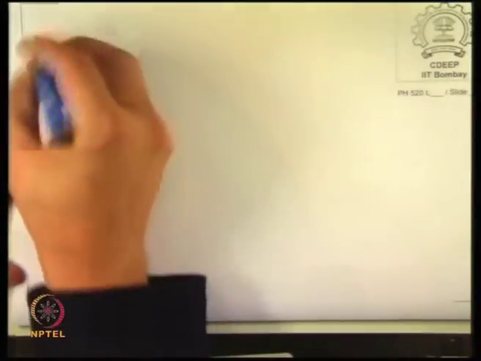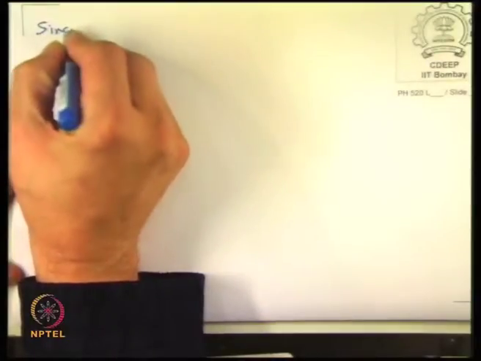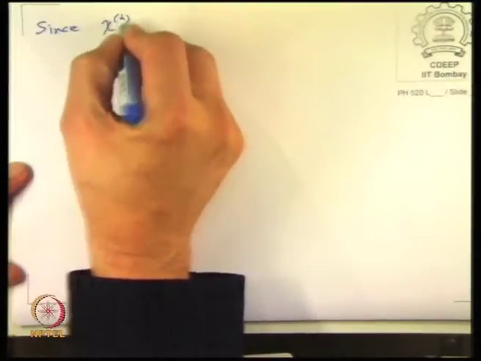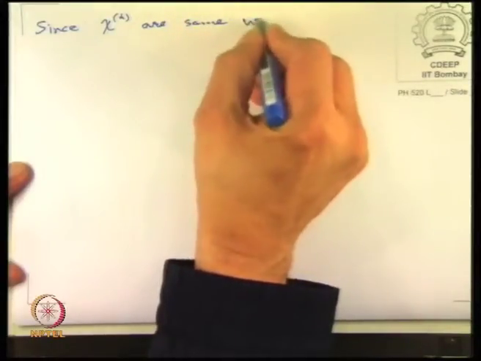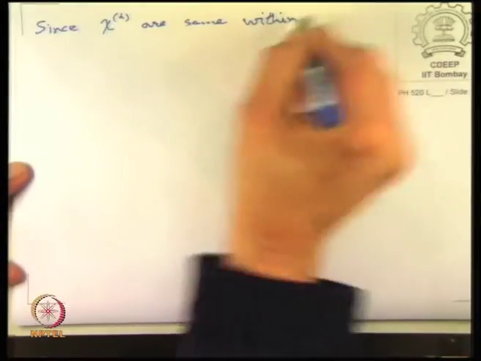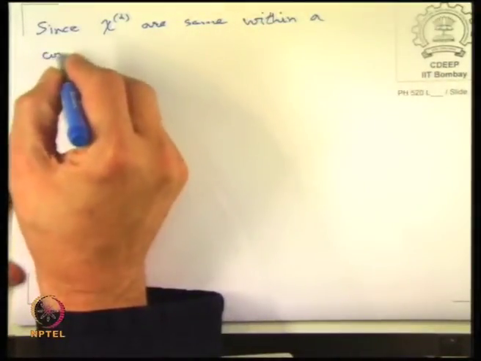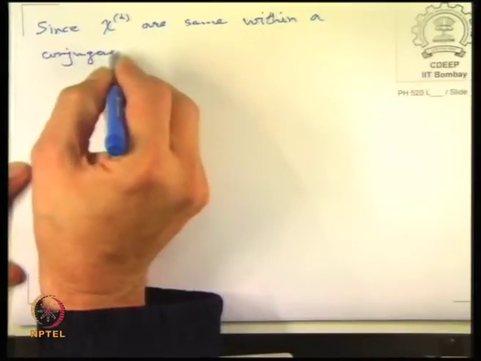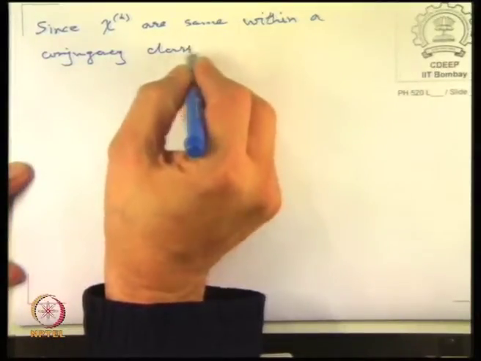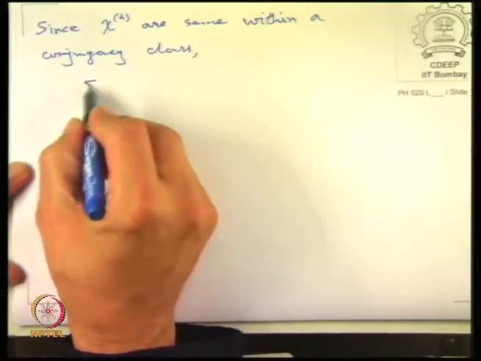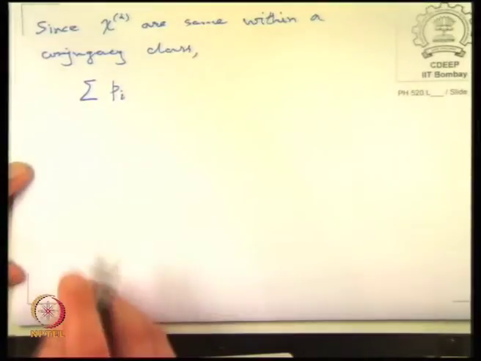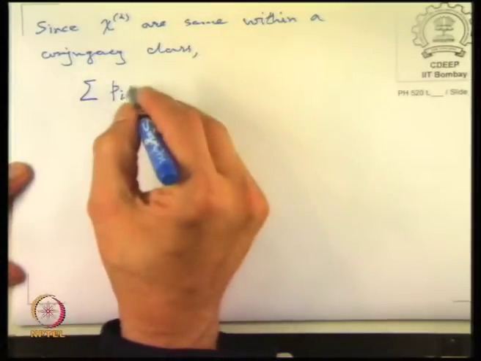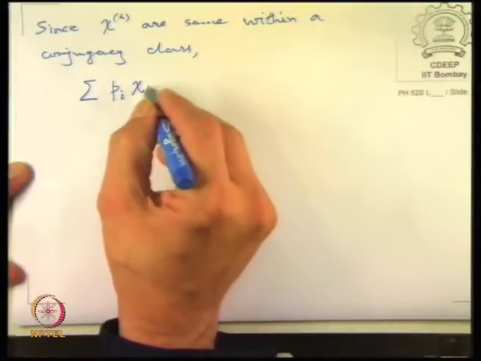So, since chi alpha are the same within a class, conjugacy class, we can also write this out as sum of Pi, where this is the number of members in the class i, and now we do not sum over g anymore.